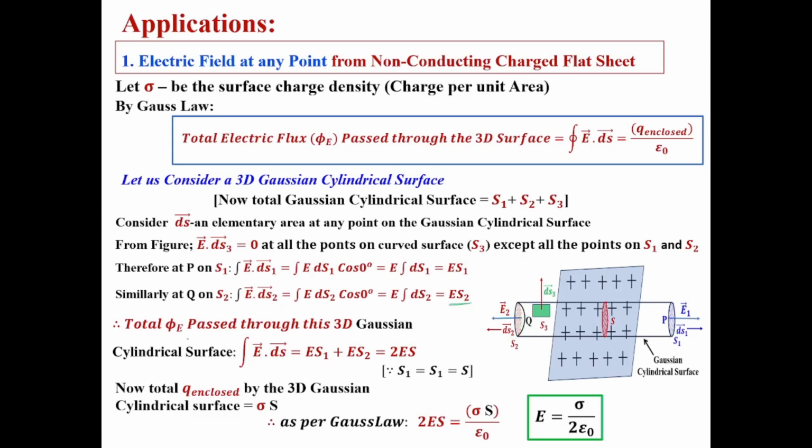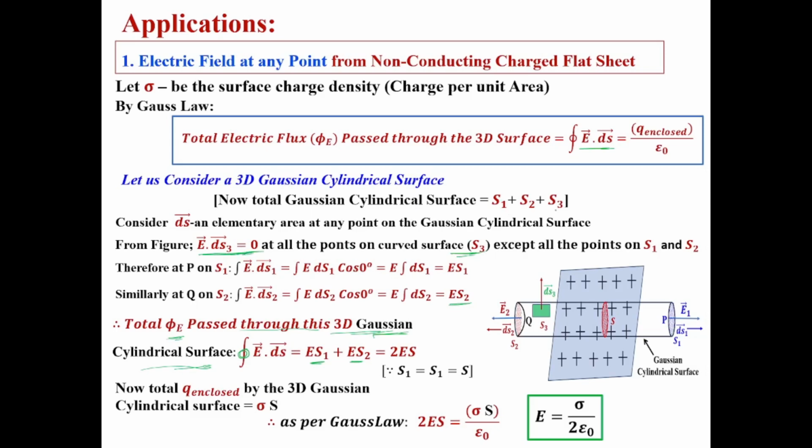Now the total electric flux passing through the 3D Gaussian cylindrical surface, that is the closed surface integral of E dot ds, will be equal to how much? ES1 plus ES2. For S3, at all the points on S3 the flux will be 0, so that value will be 0.